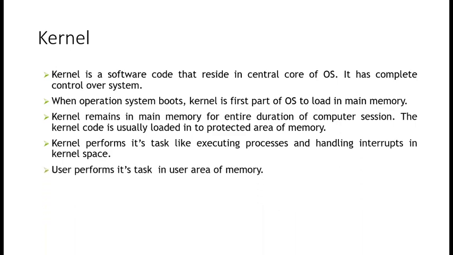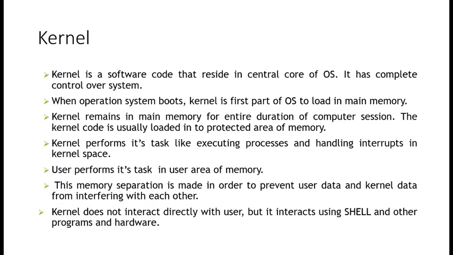The user performs its task in the user area of memory. This memory separation is made in order to prevent the user data and the kernel data from interfering with each other, and the kernel does not interact with the user directly. Okay, so the kernel is not interacting with the user directly, but it interacts with the shell and other programs and the hardware. So you know about shell.